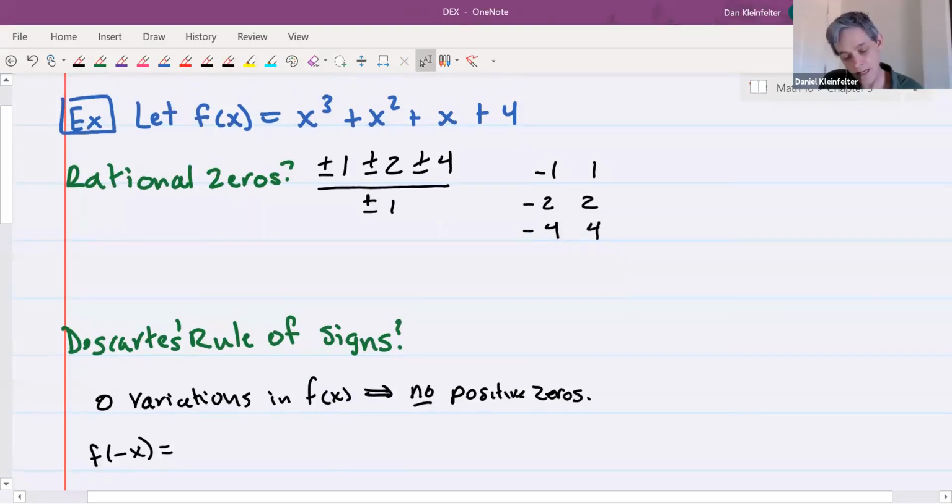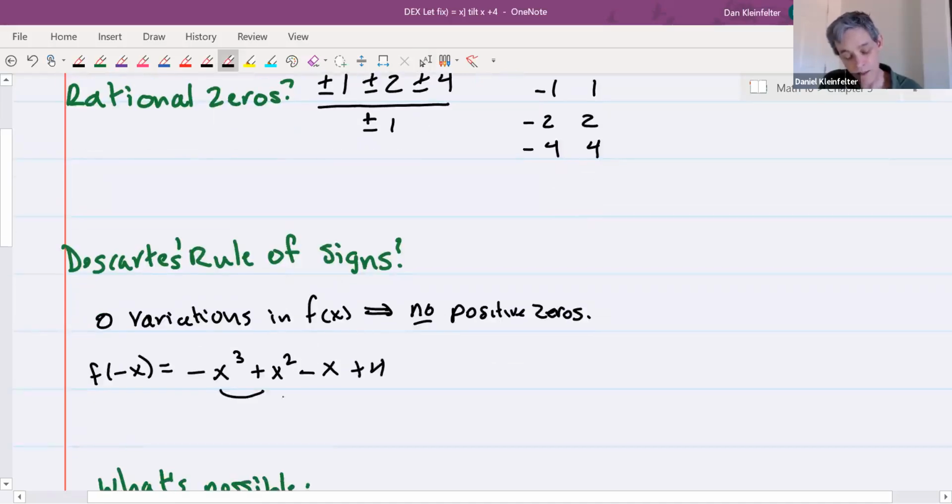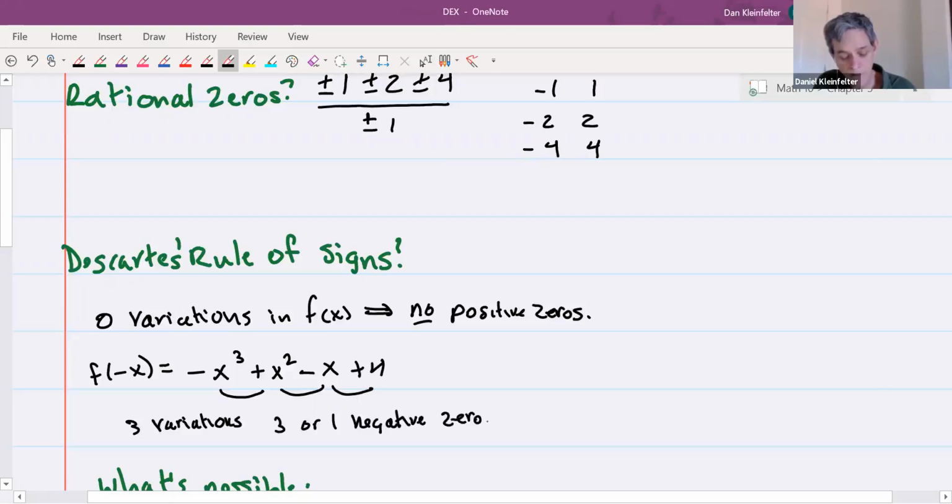Okay, f of minus x will be negative x cubed plus x squared minus x plus 4. That has 1, 2, 3 variations in sign. So there will be either 3 or 1 negative zeros.